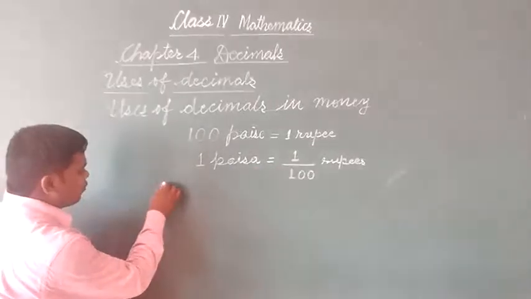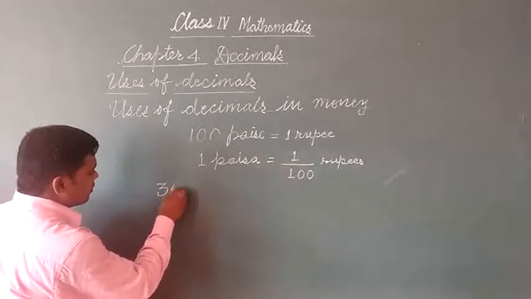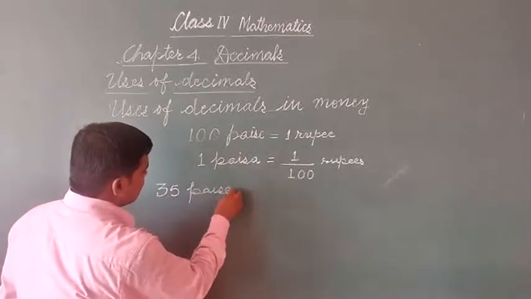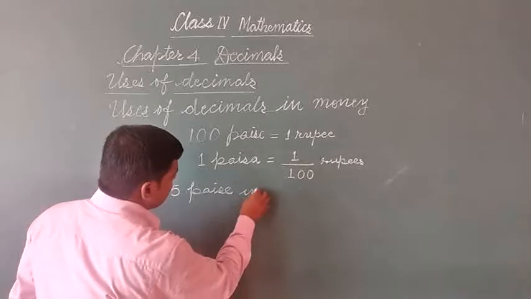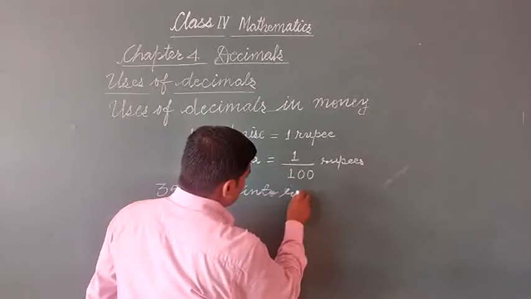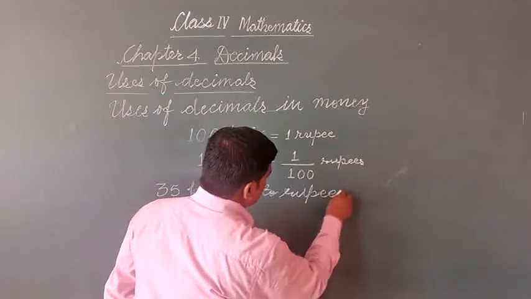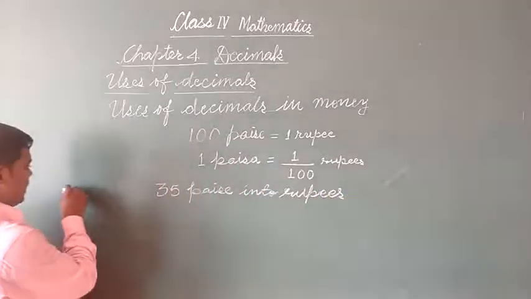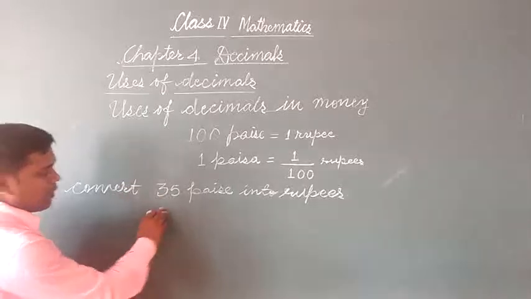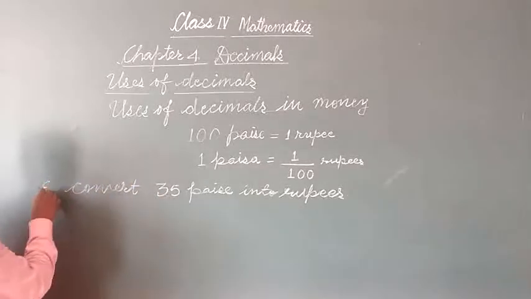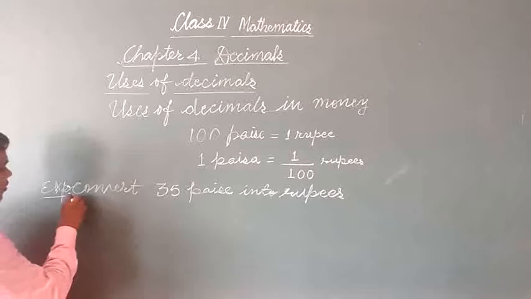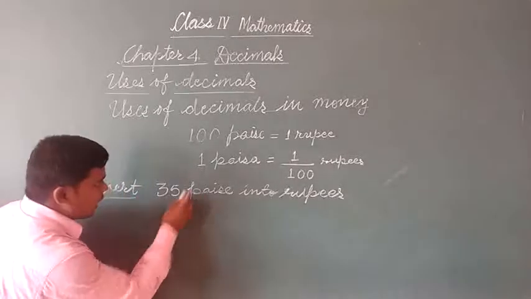For example, as I have written, 1 paisa is equal to 1 by 100 rupees. If we have to convert 35 paise into rupees, then we write it like this. Example: convert 35 paise into rupees.